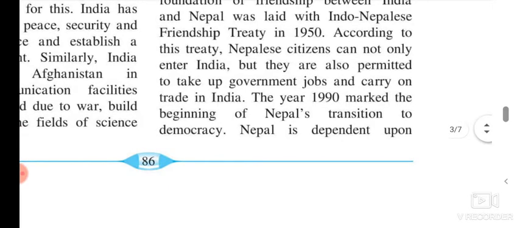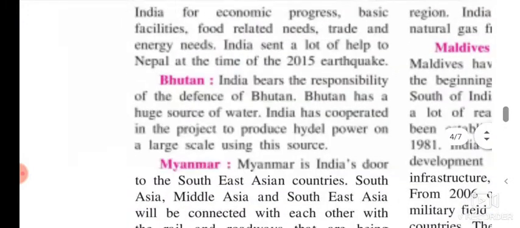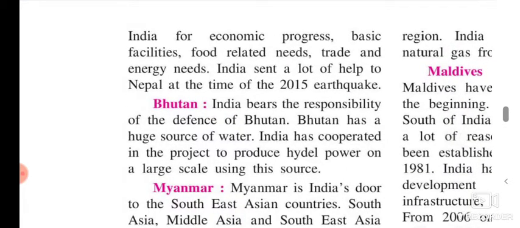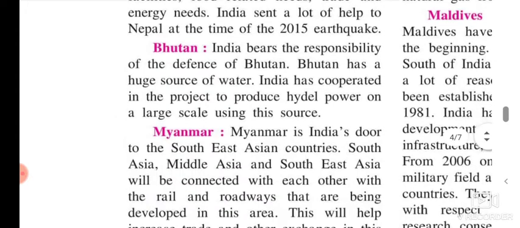The year 1990 marked the beginning of Nepal's transition to democracy. Nepal is dependent upon India for economic progress, basic facilities, food-related needs, trade and energy needs. India gave a lot of help to Nepal at the time of the 2015 earthquake.